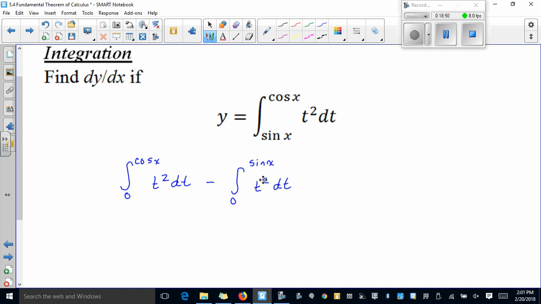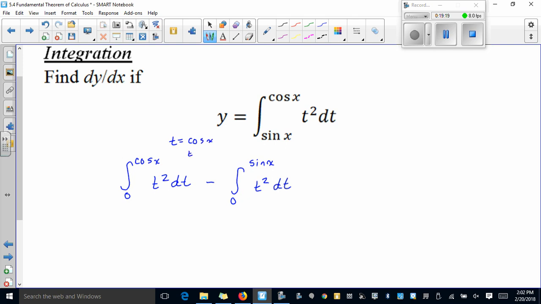So for this one, let's pay attention to the cosine of x. If t is equal to cosine, then t prime is equal to negative sine. So we get negative sine of x times cosine squared of x, because the cosine of x is going in place.